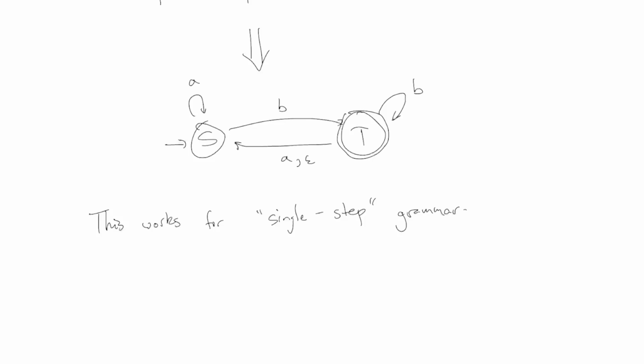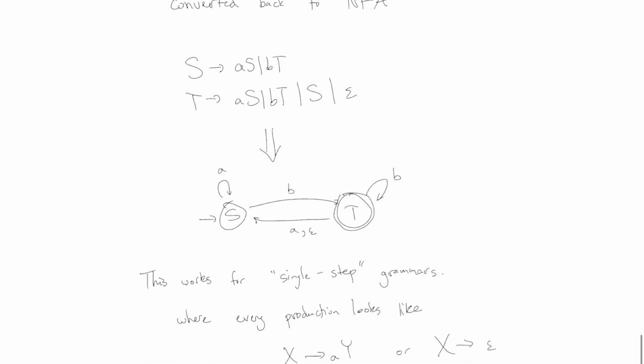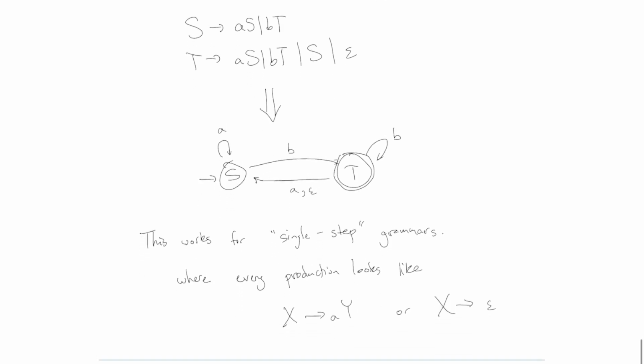What that means is every production looks like something like X goes to A Y, or X goes to epsilon. If that's the way the grammar looks, then you can make it into an NFA. Most grammars don't look like this, but in that case, you can make it into an NFA.